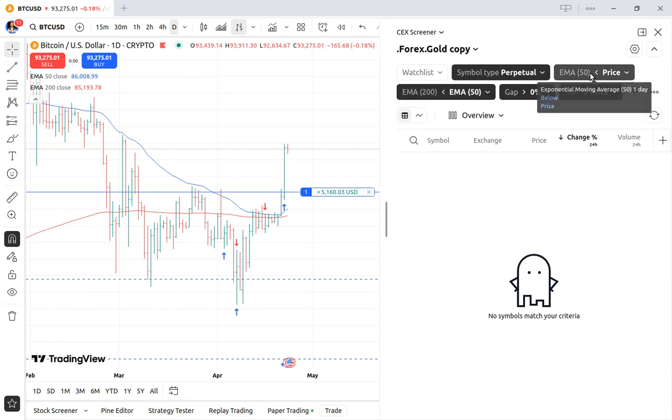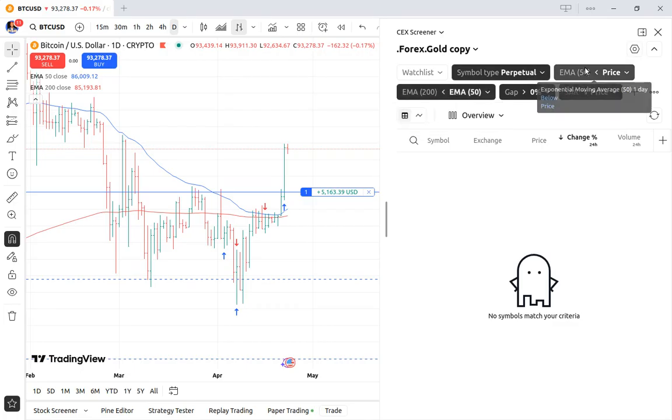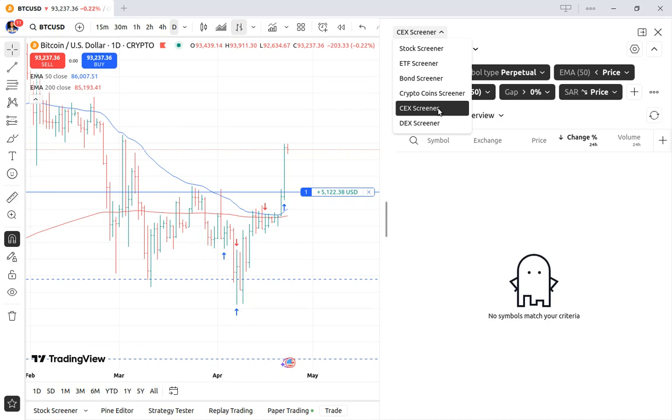I said the price should be above the 50-day moving average, the 200-day moving average should be below the 50-day moving average, with a gap of above 0%. And then I use the parabolic SAR, which crosses the price to signal a buy or sell signal. I used it in the screener that you will find right here. Right now, of course, there is nothing.